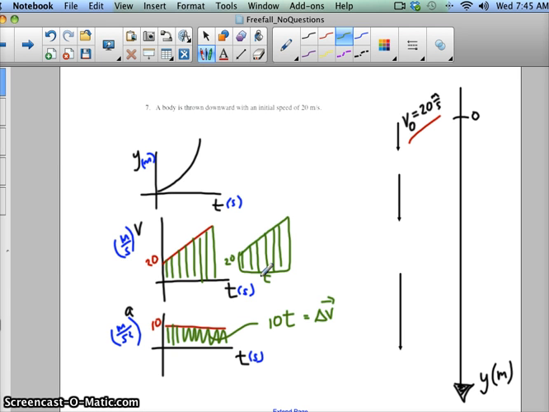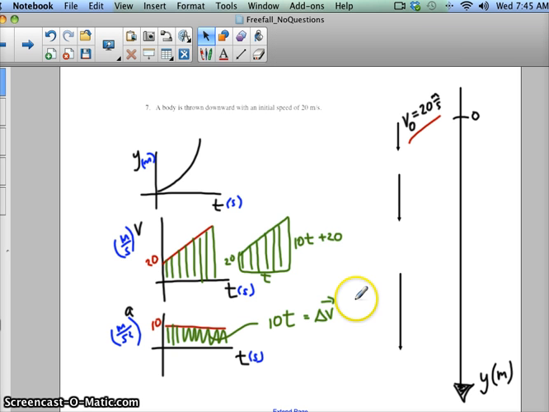And this height was 10t. Actually, that's incorrect. That height is 10t plus 20. So that's one way you could look at it. Now, we can't actually solve anything more in this problem because we don't have any additional information.